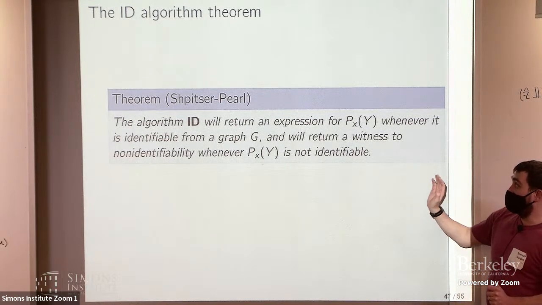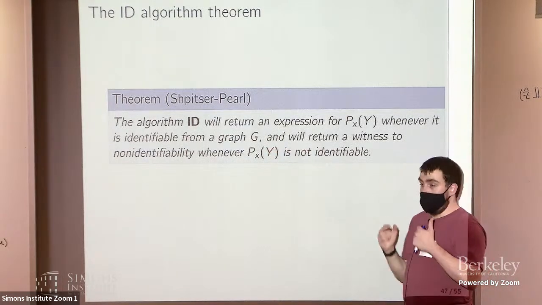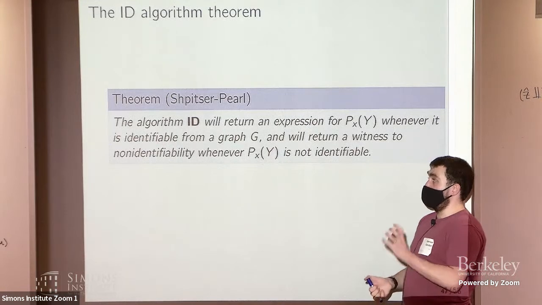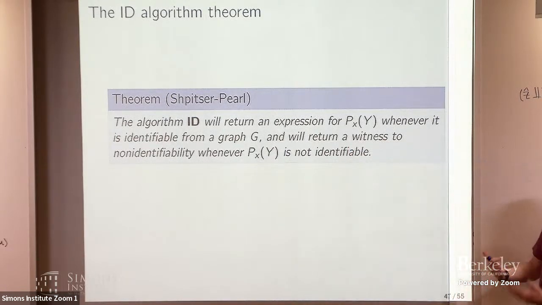Just to be clear, the input here is the graph and X and Y, the description of the subsets. And then you get a symbolic expression that you could then evaluate given your distribution over the observables to come up with a concrete answer.